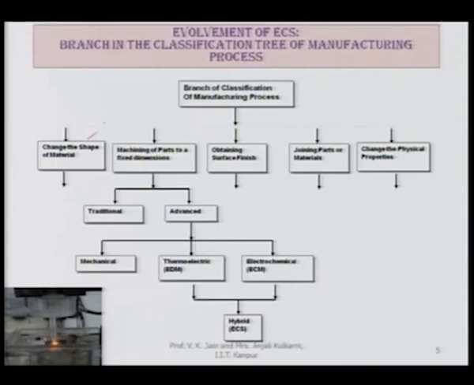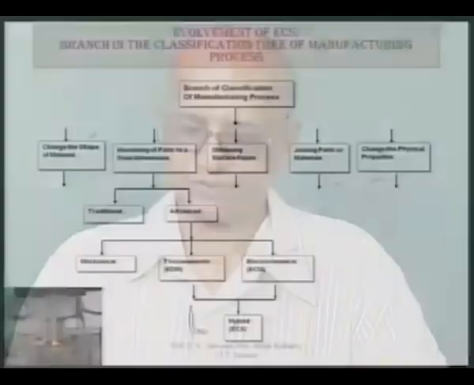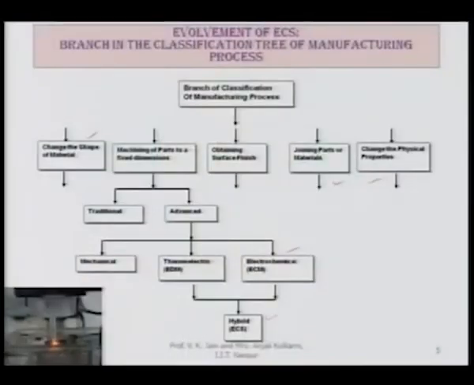Here you have traditional and advanced both. In terms of advanced, you have mechanical type, thermoelectric type, electrochemical and chemical processes, and then you have the hybrid processes, and electrochemical spark machining falls in the hybrid process. We are not going to discuss finishing processes or joining processes or changing physical properties processes.